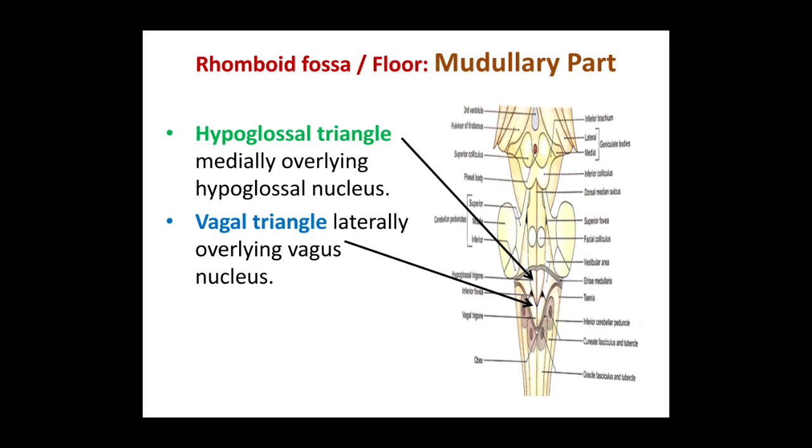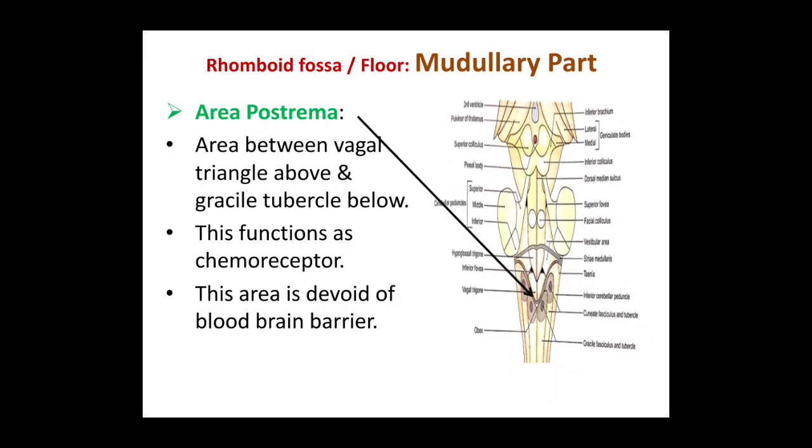The vagal triangle, situated laterally, overlies the vagal nucleus. Area postrema is the area between the vagal triangle above and the gracile tubercle below. This functions as a chemoreceptor. This area is devoid of blood-brain barrier.